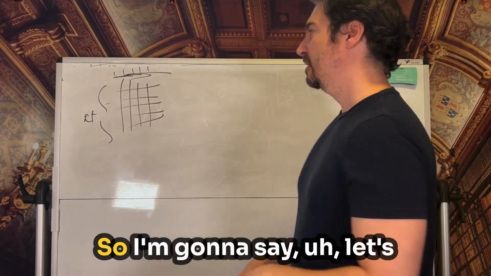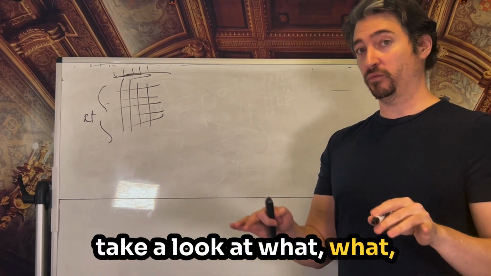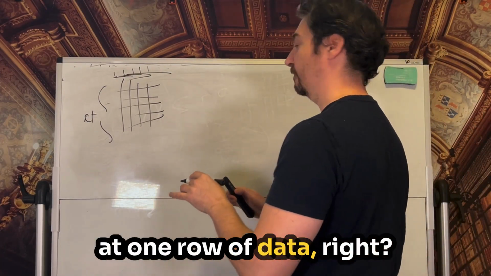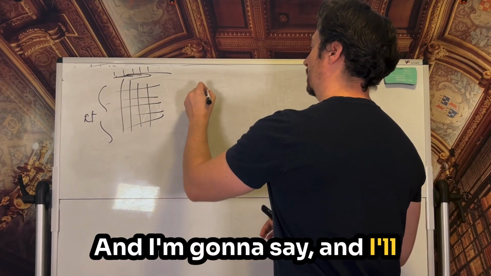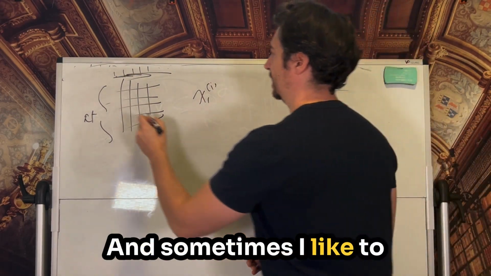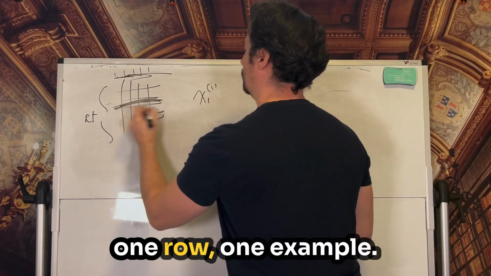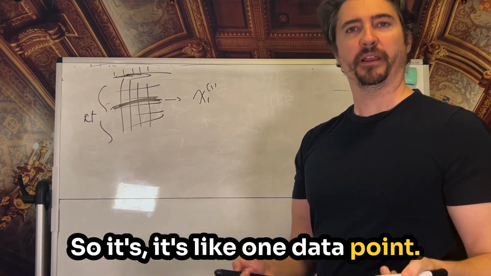Remember, last time we looked at one row of data. I'll explain everything in a bit. Let's grab one of those rows. One row is one example. It's got all the features, so it's like one data point.